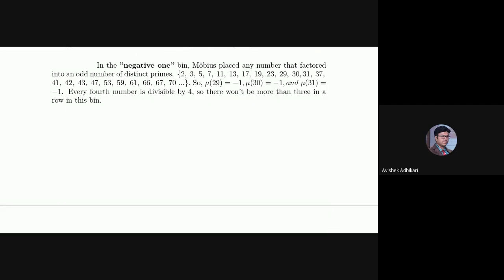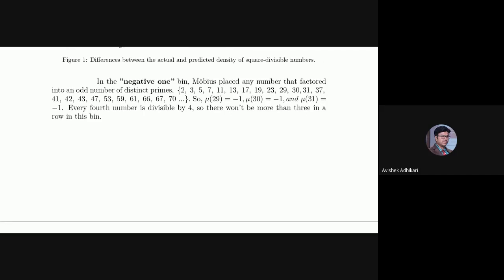We know that for any natural number n, we can prime factorize it. That is, we can write n as the product of p_i to the power alpha_i, where the p_i are distinct primes and the alpha_i are the powers of the p_i in n. But we have already considered the zero bin, where we put all the multiples of square numbers. So if any p_i has power 2 or more, then we put that in the zero bin because it is a multiple of a square number.